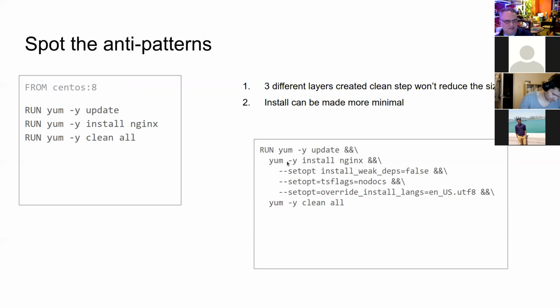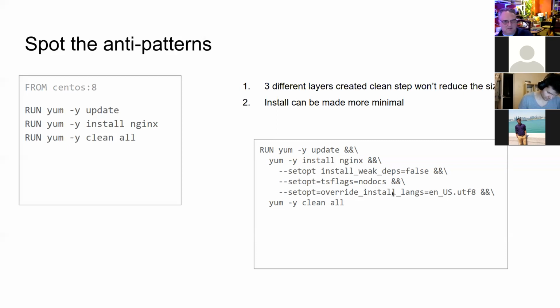So you do a yum update, yum install your package, nginx in this case, and then these flags here basically tell yum, install weak dependencies false, which means don't install packages that are sometimes useful but are not essential to the functioning of the package you are installing. This one says don't install the documentation. You want to run a container. You're not wanting to look at the documentation, so don't install it.